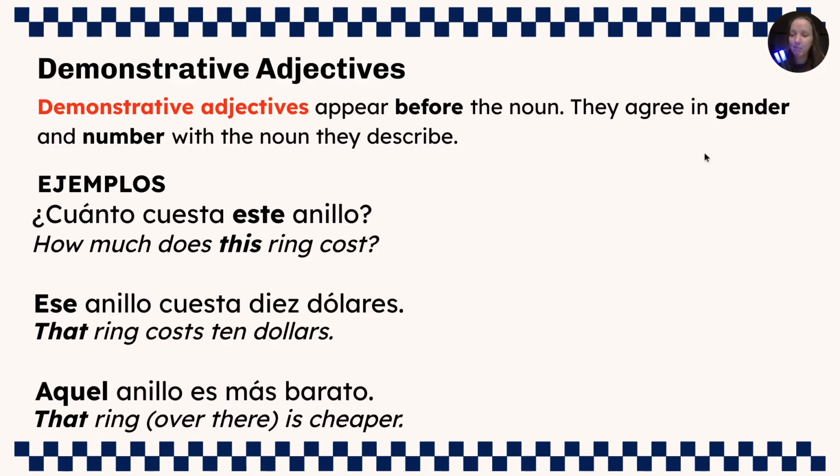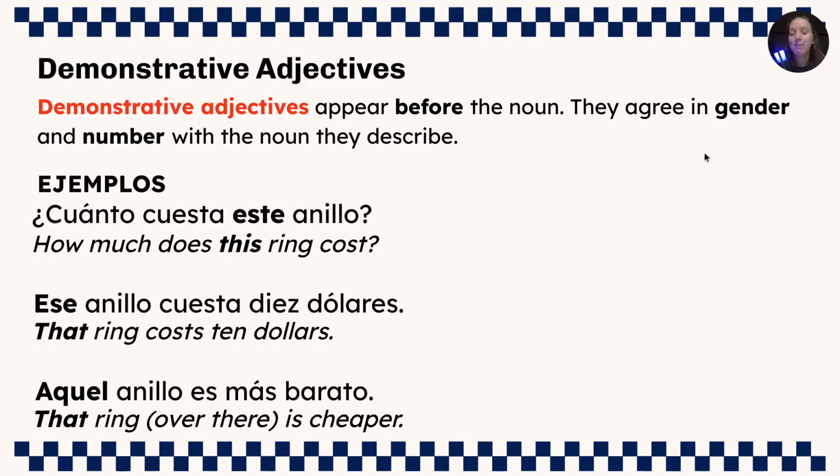The middle example shows us how to use the demonstrative adjectives that refer to things that are not close to the speaker but not too far away from the speaker. So our example in English says, that ring costs $10. In Spanish, that would be, ese anillo cuesta $10. We use ese in this context because anillo is masculine and it's singular.